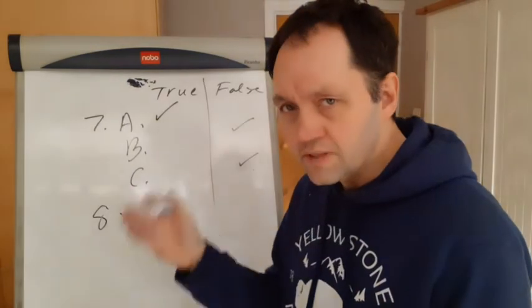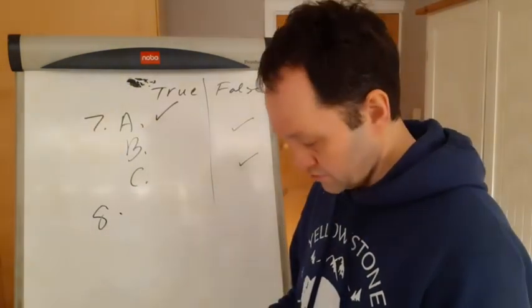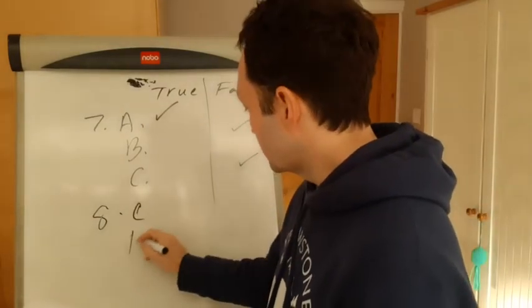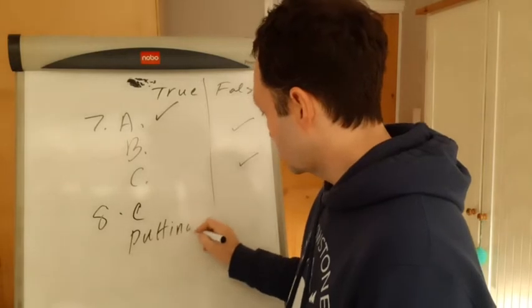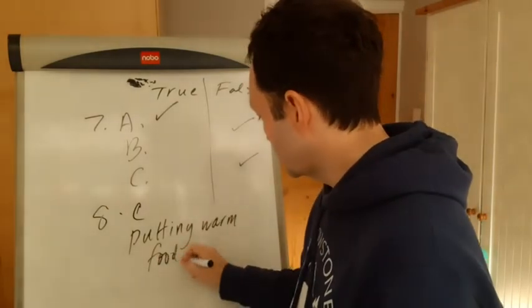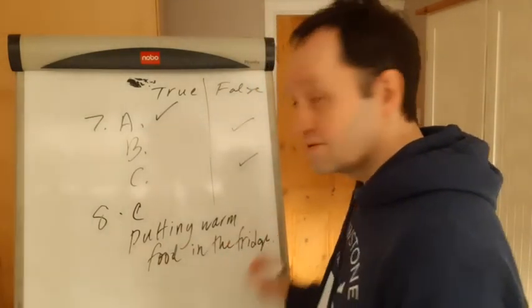We've stopped doing that. So that means we've stopped putting warm food in the fridge. But the answer for that one is C, which is putting warm food in the fridge. You read my writing?